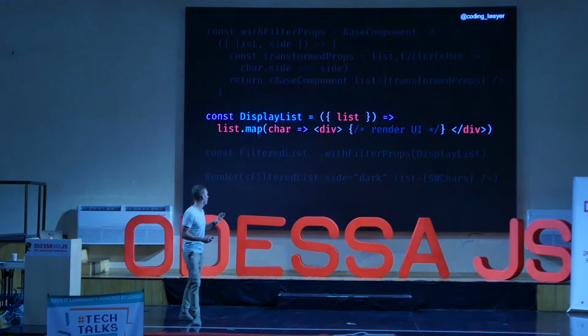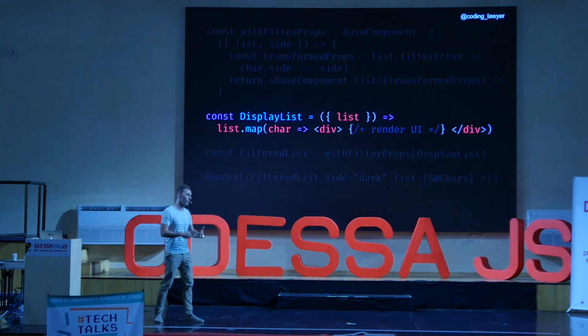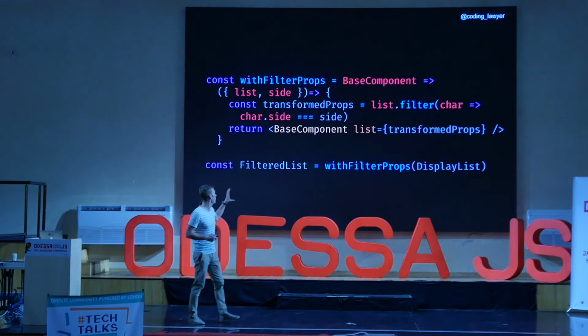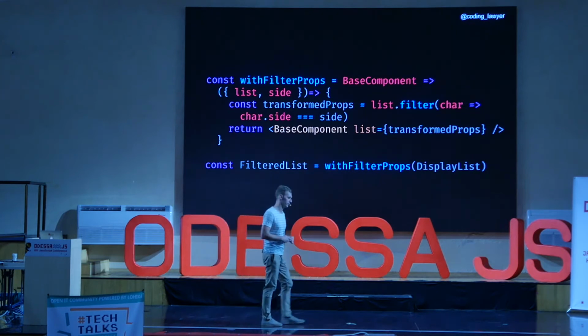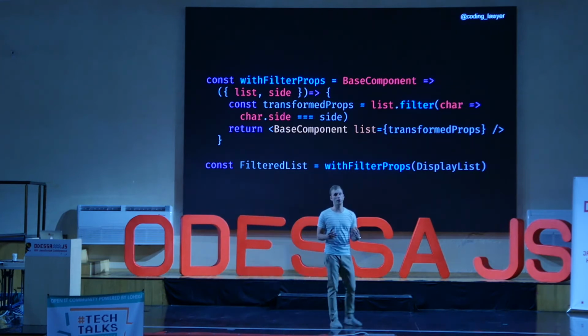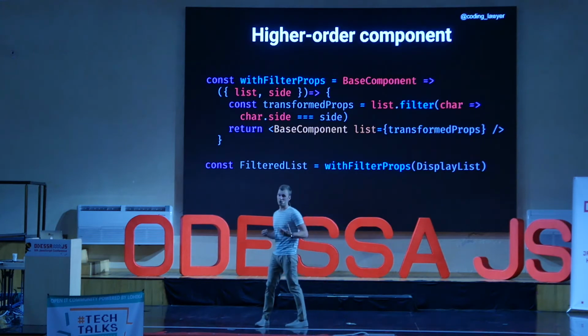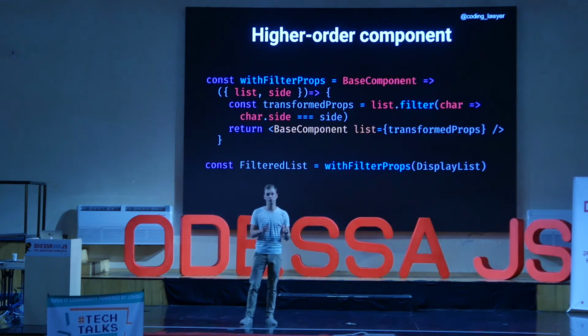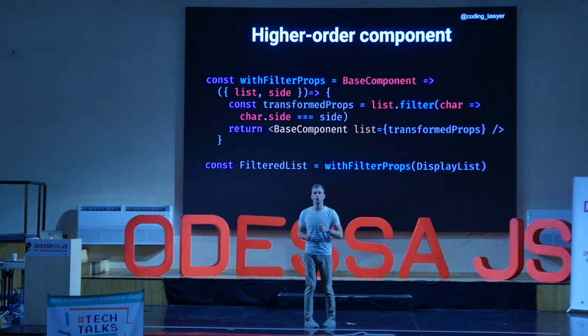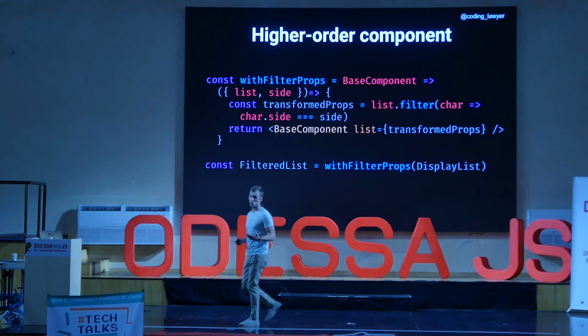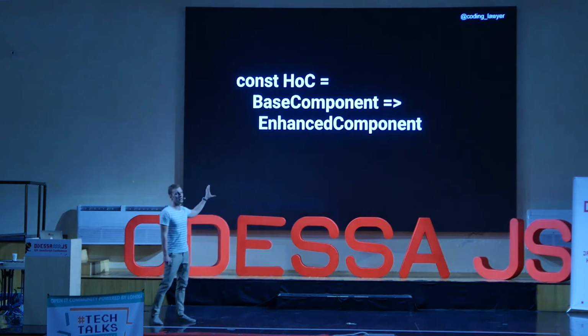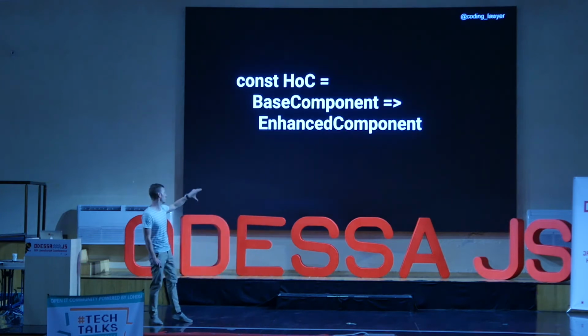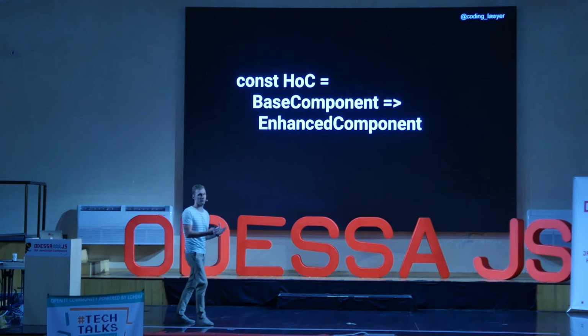Now, I'd like to talk more about the withFilterProps higher order function. In React's vocabulary, we call it higher order component. And just as the higher order function returns a new function, higher order component returns a new component. Higher order component is a function that takes a component and returns a new component that renders the passed one.